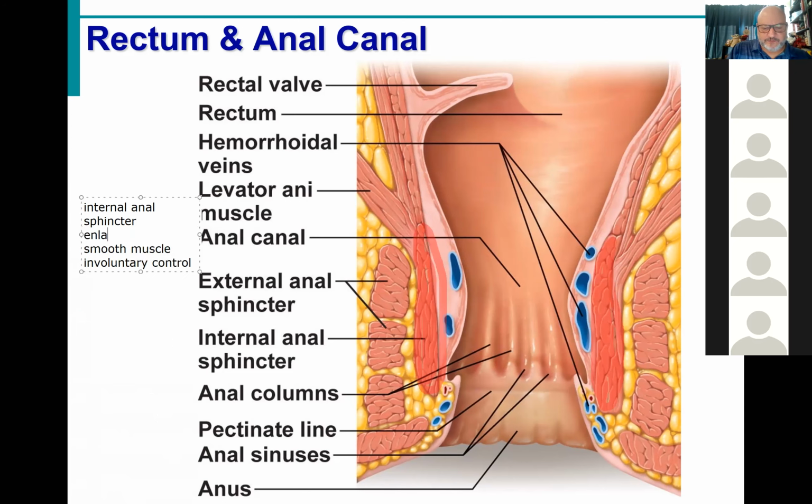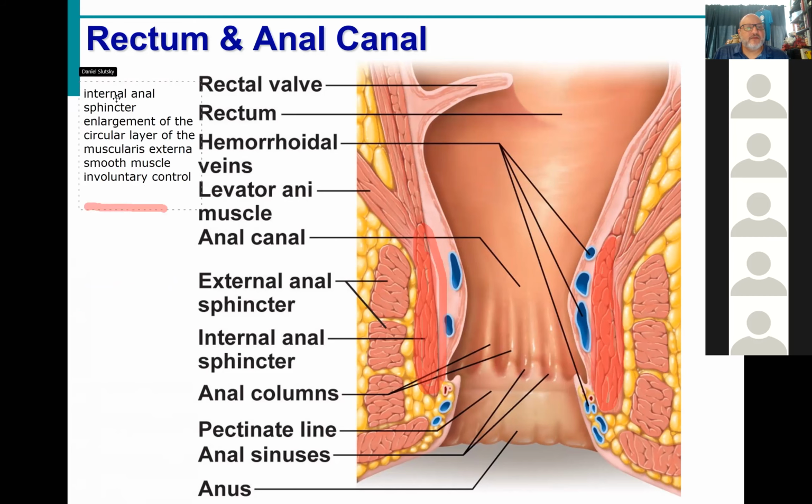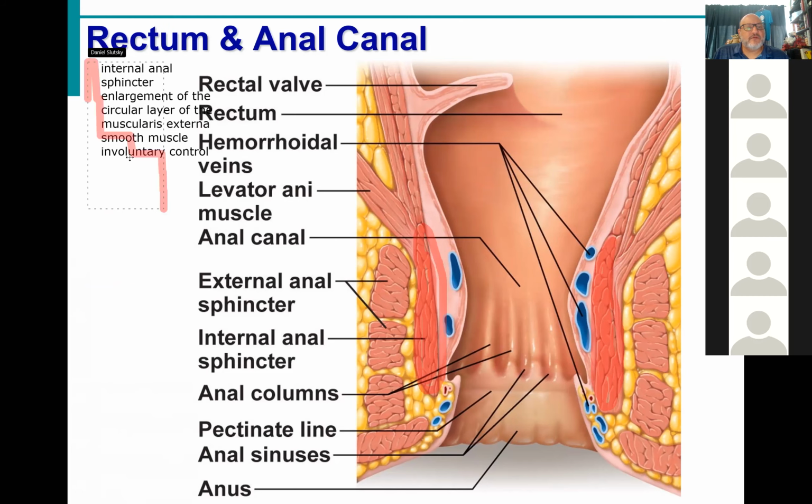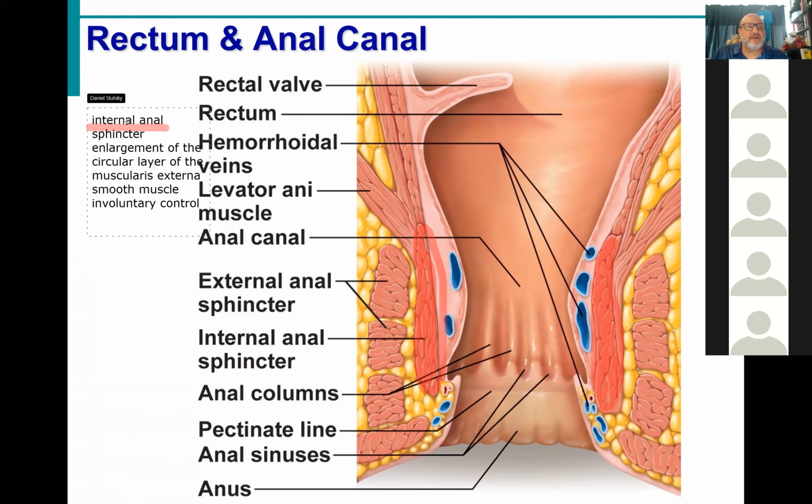This is an enlargement of the circular layer of the muscularis externa. All right, it's smooth muscle, it's involuntary. I'll put that up there. I want that there to emphasize that that's what we're talking about. All right, excellent.